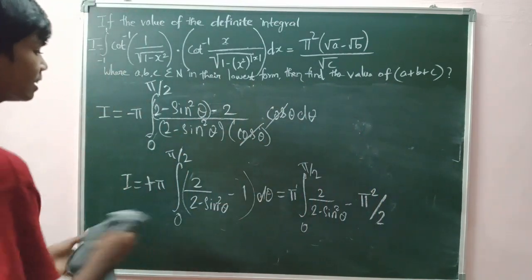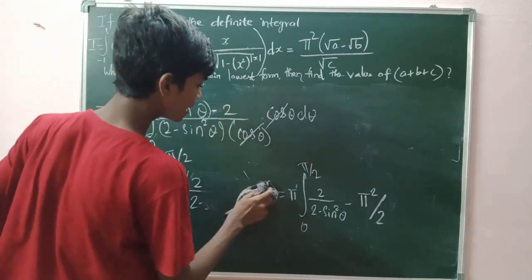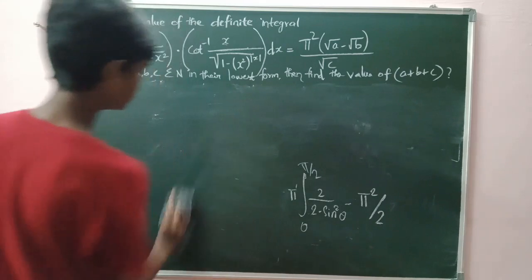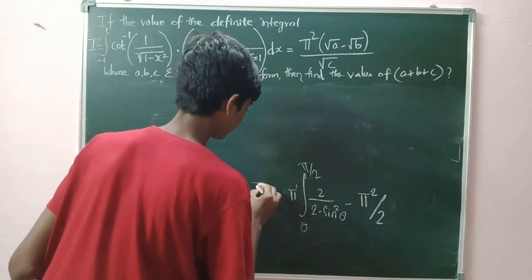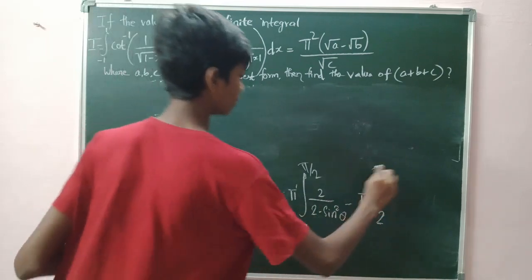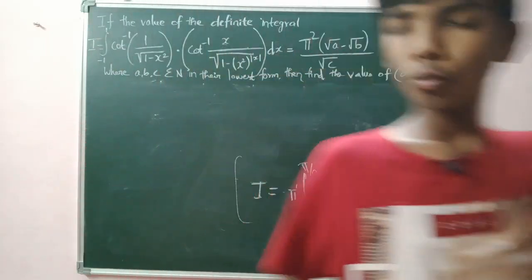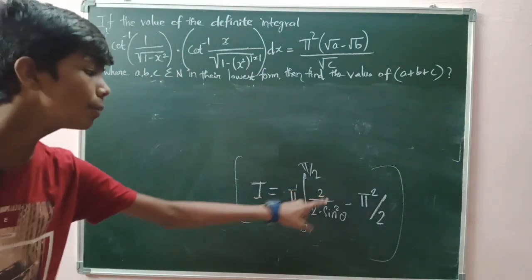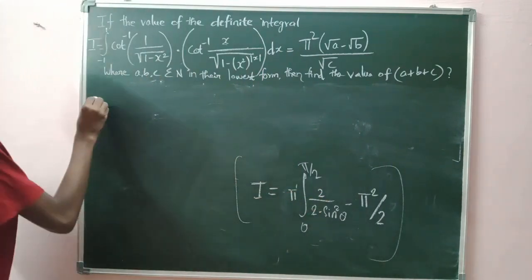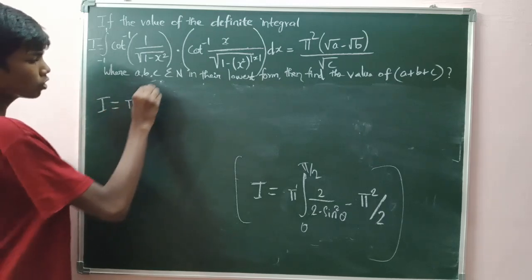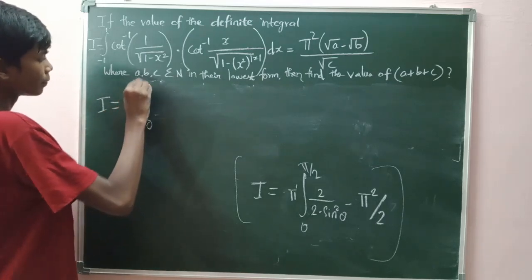So now this integral is something we guys are supposed to take care of. So I is equal to this particular integral. What the step I'm going to do is I'm going to divide your cos square theta on both numerator and denominator in this particular integral. Therefore I'll get I is equal to pi times of integral of 0 to pi by 2.